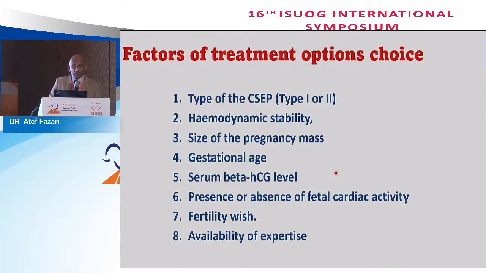As I mentioned, the size of the pregnancy and her fertility wish matter, because some of the surgical options, like uterine artery embolization, affect the endometrial health, and surgical options like hysterectomy sometimes come with these choices. Also the gestational age, the presence or absence of fetal cardiac activity, the fertility wish, and the availability of expertise, especially when we need minimally invasive surgery like hysteroscopy or sometimes laparoscopy.